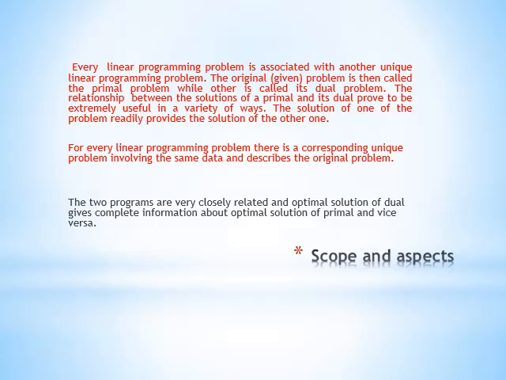So for every linear programming problem, there is a corresponding unique problem involving the same data that describes the original problem. The two programs are very closely related, and the optimal solution of the dual gives complete information about the optimal solution of the primal and vice versa.